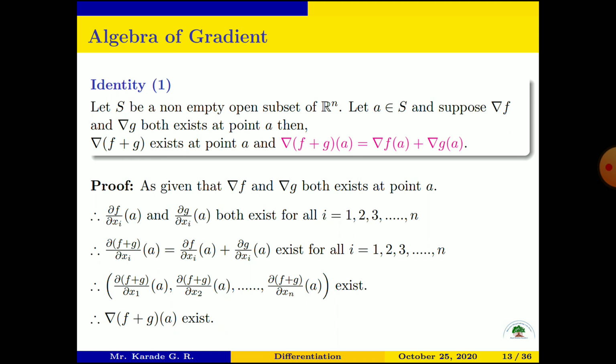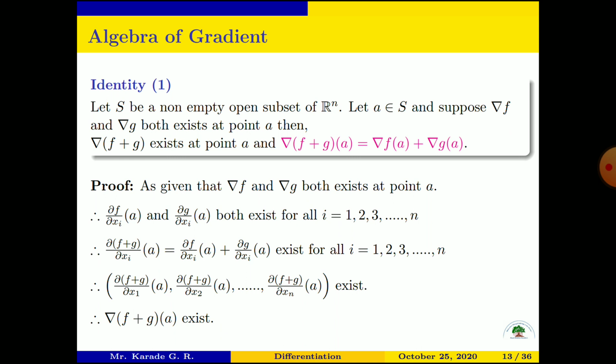These partial derivatives exist, which means the partial derivatives of the addition of two functions with respect to all variables exist. Therefore the vector with n components, the partial derivative of f plus g by dou x1, dou f plus g by dou x2, up to dou f plus g by dou xn, also exists.